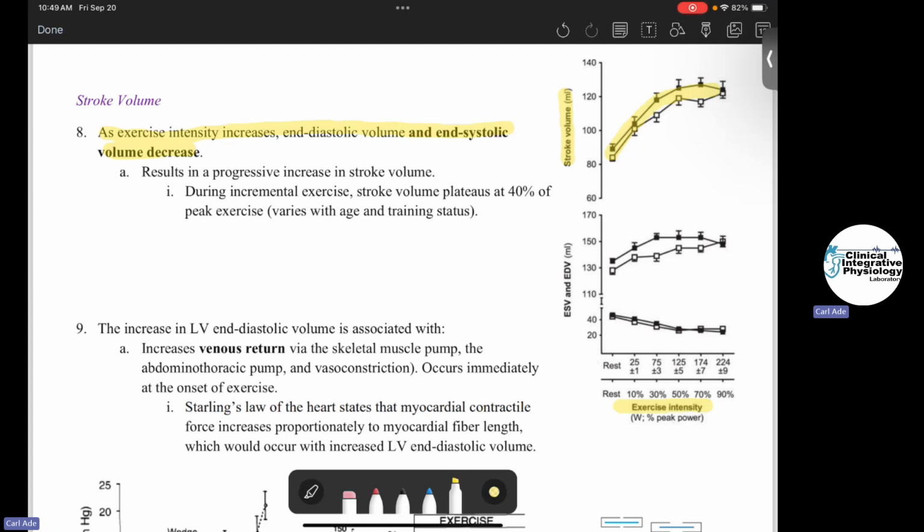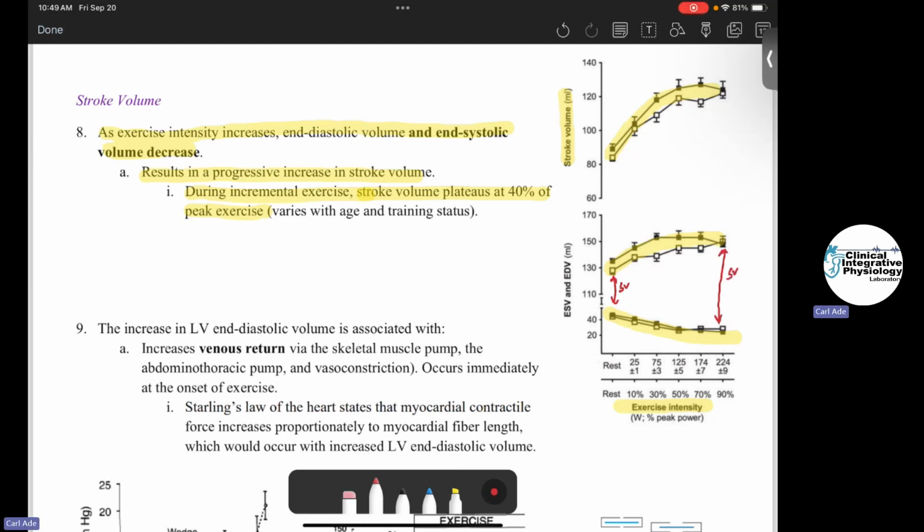We get this progressive increase in stroke volume that plateaus with incremental exercise around 40% of peak. And it's achieved by increases in end-diastolic volume and decreases in end-systolic volume. So the stroke volume is the difference between these two.